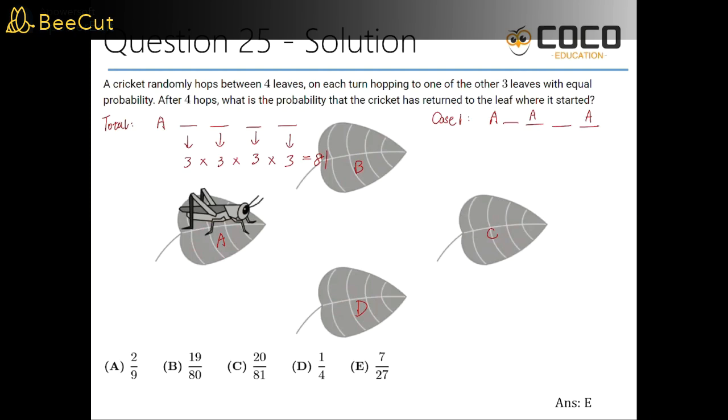For example, A to B, then B back to A, then A to D, D to A. If this is the case, for the first hop, it can be B, C, or D, 3 choices. The third one is also B, C, or D, 3 choices. So this is 9 cases.